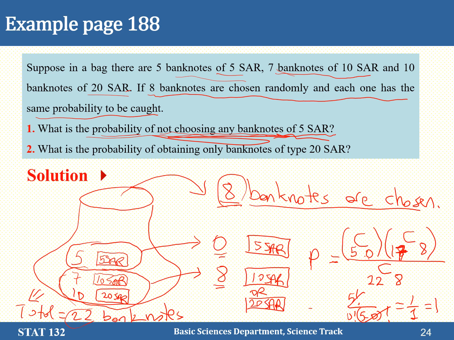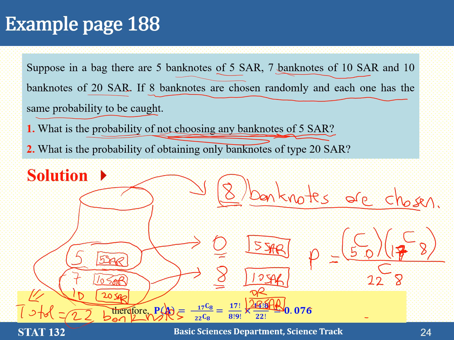So the answer will be 17 choose 8 divided by 22 choose 8. Since this is 1, we don't see it here. So the answer is 0.076. So this gives the answer of the first one.